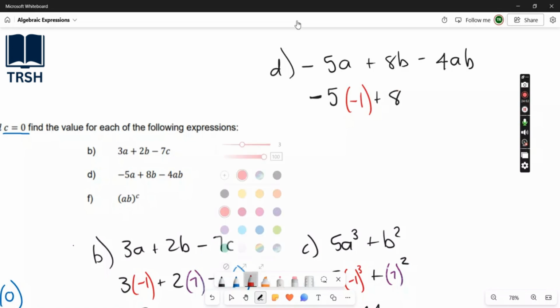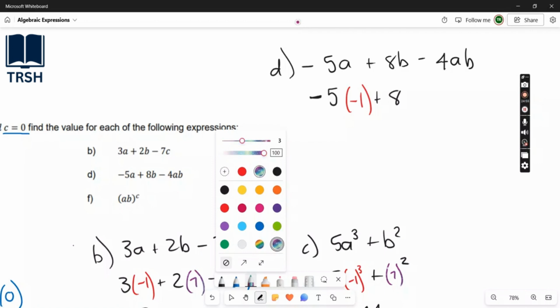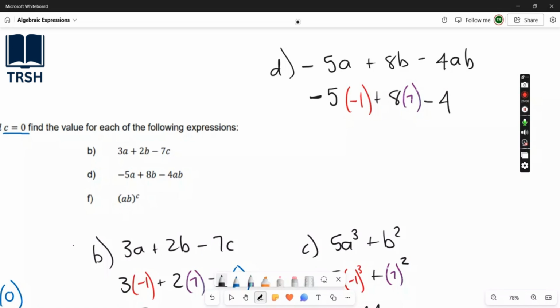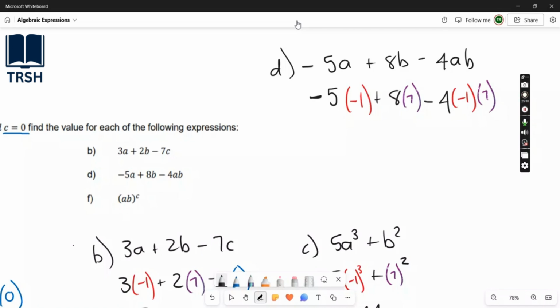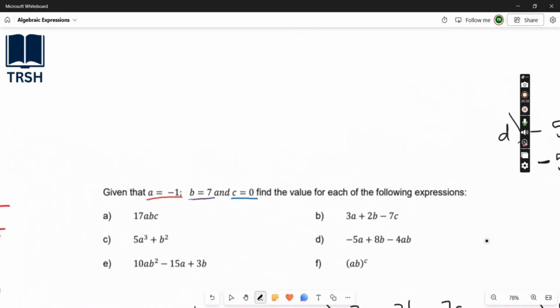B is 7, 7 minus 4, a is -1, and then b is 7, and then we can find our answer. Put everything in your calculator, -5, -1, plus 8 multiplied by 7, minus 4, minus 1, multiplied by 7, and it's equals to 89.